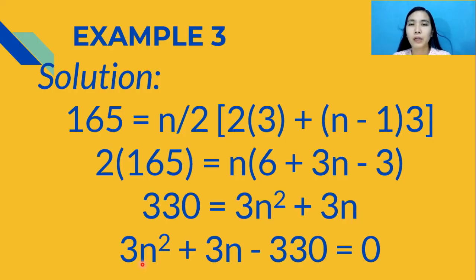That's why we have a quadratic equation, or a second degree equation, 3n squared plus 3n minus 330 equals 0. But that is not yet the value of n. We need to find the value of n by using any method in solving quadratic equations. Remember, there are different methods. We can apply the quadratic formula, completing the square, or factoring.